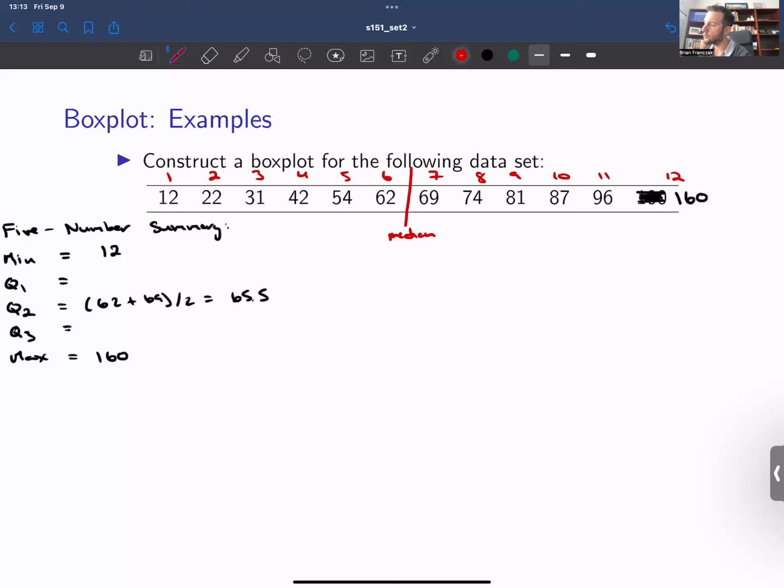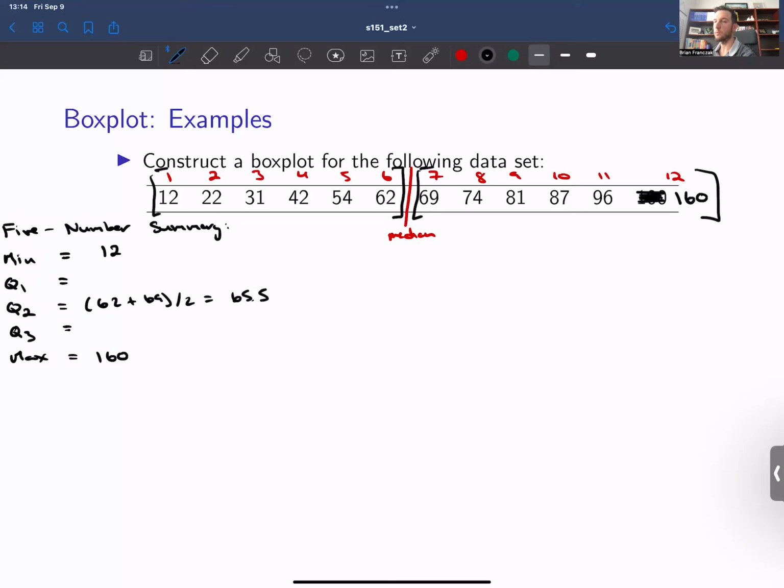All right, now Q1 is the median of the lower half of the data. When we are working with an even number of observations, we take strictly the values below the median. So when we're finding Q1, we are only considering the values below the median. And when we're finding Q3, we will only consider the values above the median.